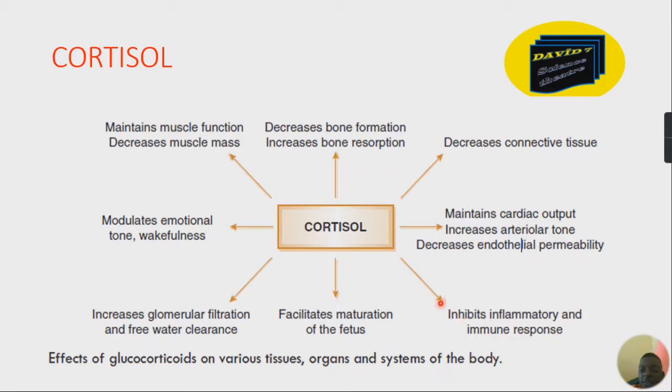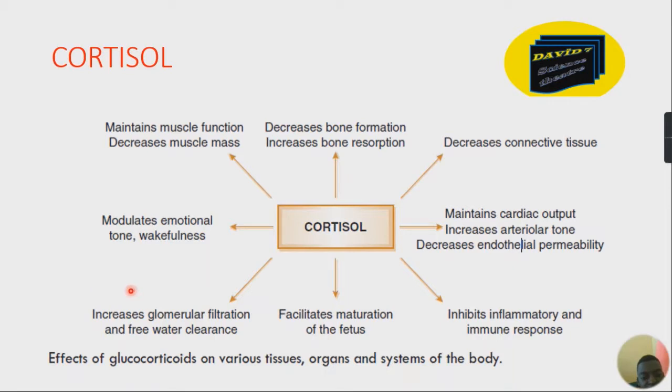This is a very large topic, as we saw last time, with a lot of effects on inflammatory and immune responses. It inhibits these two at a couple of stages. Cortisol also facilitates maturation of the fetus, and increases glomerular filtration and free water clearance.